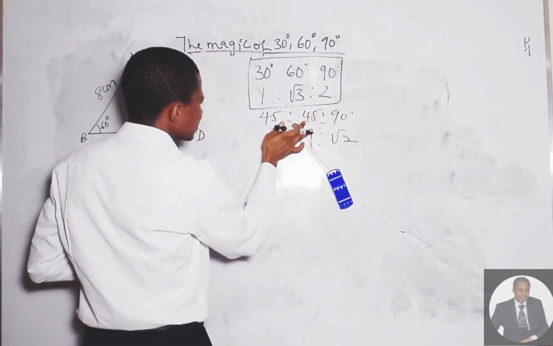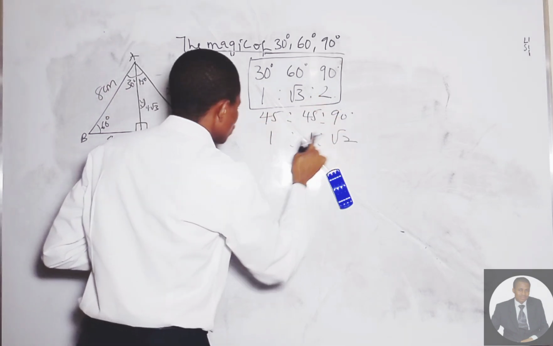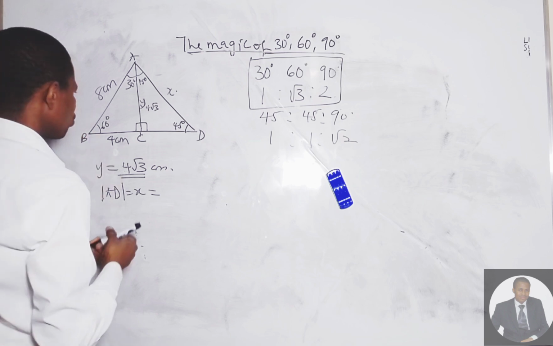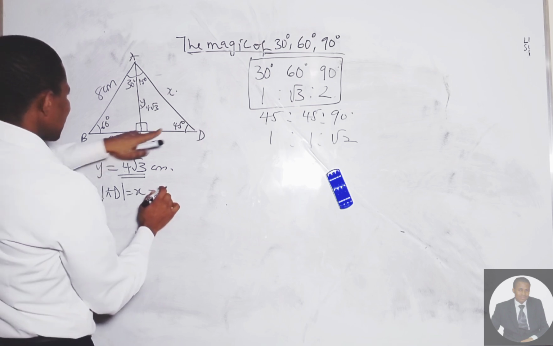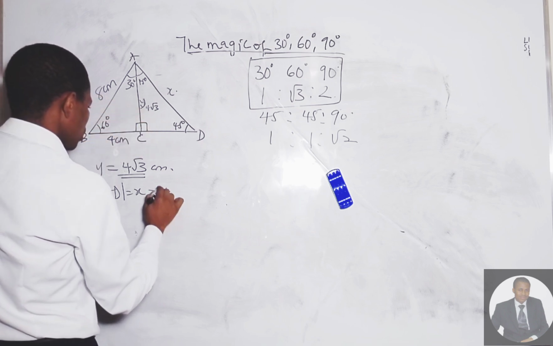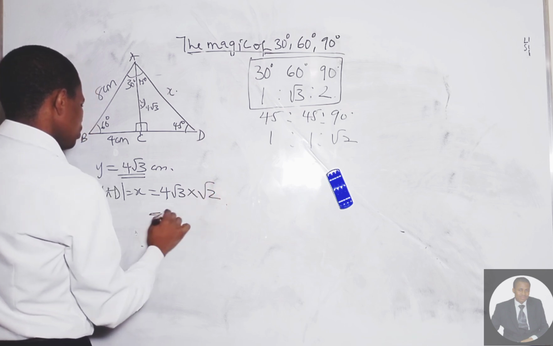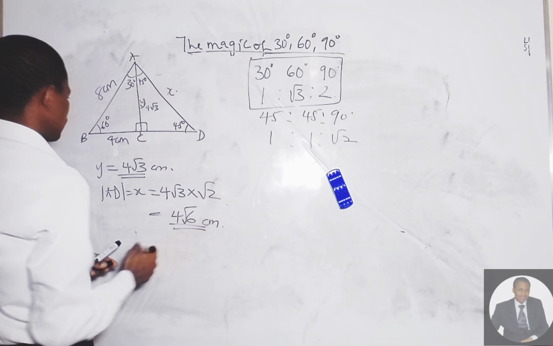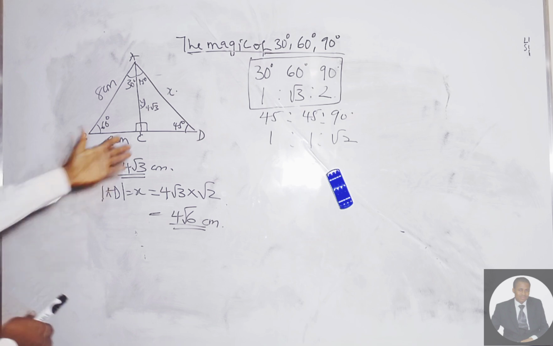So whatever the side facing 45 degrees is, we just multiply by root 2 to get the hypotenuse facing the angle 90. So x will be the side facing 45 degrees, 4 root 3, multiplied by root 2. That will be 4 root 6 centimeter. Very easy to do.